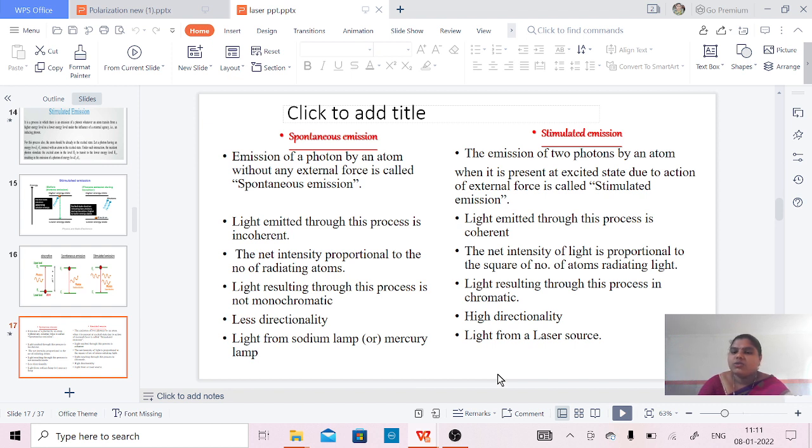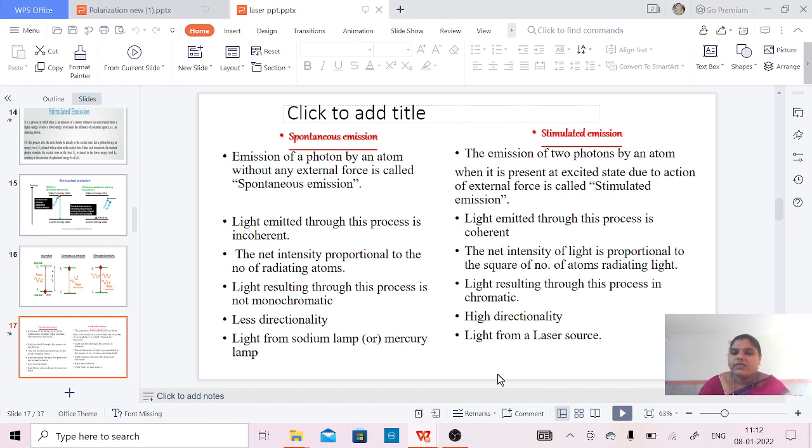The light resulting through stimulated emission is monochromatic. The two photons we are getting in stimulated emission are in the same direction. Spontaneous emission has less directionality, and stimulated emission gives highly directional light.